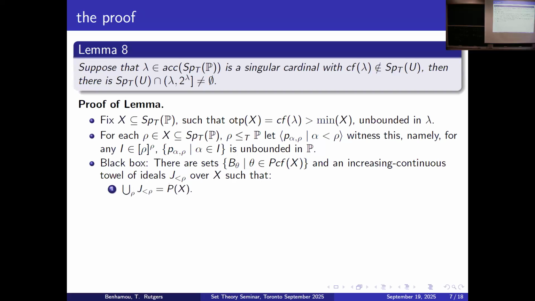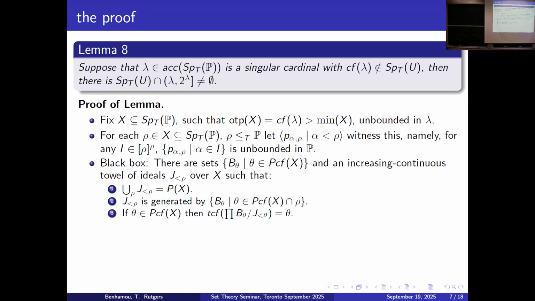The union is all the power set. And each such ideal is generated by the PCF generators with theta below that tau.